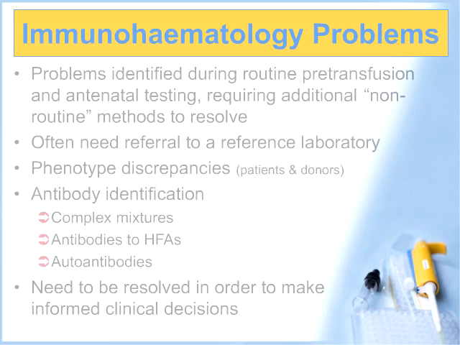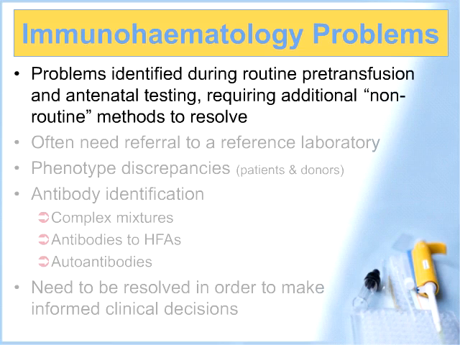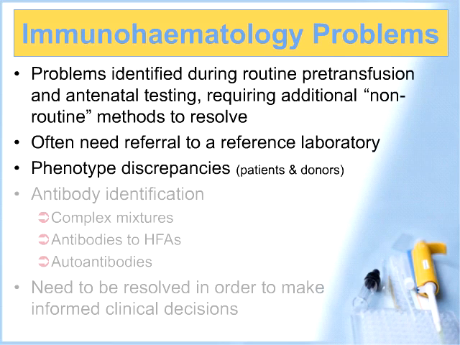When we're talking about immunohematology problems, these problems are usually identified during routine pre-transfusion and antenatal testing, and they need additional tests other than the routine methods to resolve them. Usually they need referral to a reference laboratory. These can take the form of phenotype discrepancies, in patients and donors, and also antibody identification.